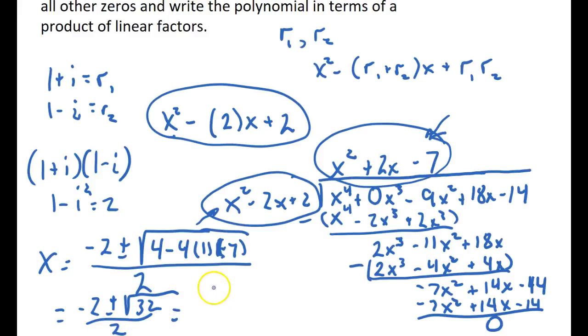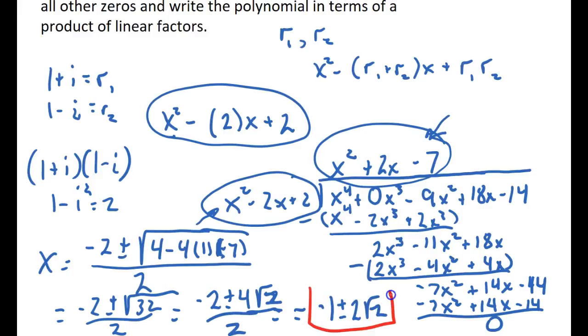I can take a 16 out of that, so it's going to be negative 2 plus or minus 4 root 2 over 2, which is, I'm getting sloppy, aren't I? Which is negative 1 plus or minus 2 root 2. All right, so what are our roots here? We have 2 real roots, and we have 2 complex conjugate roots for a total of 4 zeros.